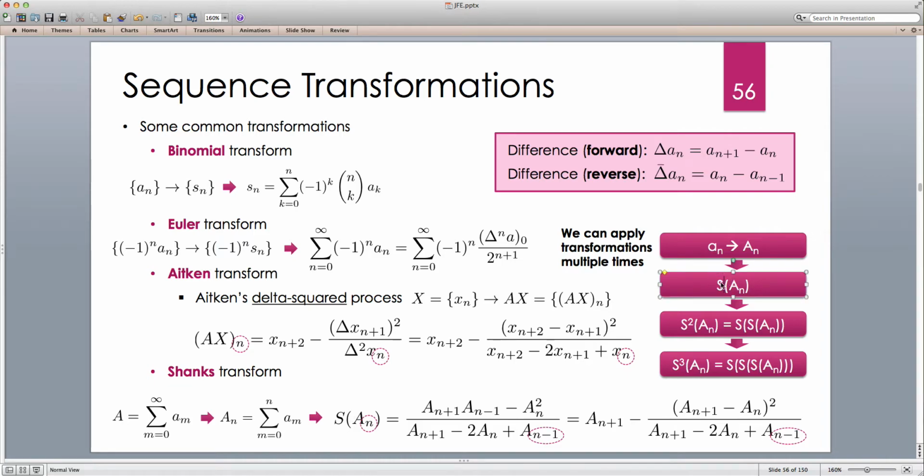And then we can also apply Shanks or Aitken multiple times, because once we transform the sequence, it gives us a new sequence, and that new sequence also converges to the same value as the original sequence. And if I Shanks it again or Aitken it again, the new sequence, again, should converge to the original value, but at a faster rate, all right?